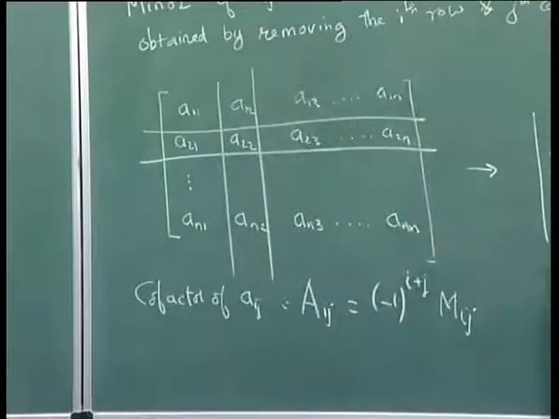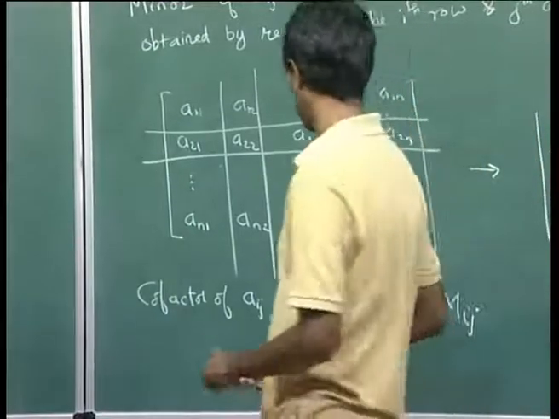So, the cofactor is related to the minor by this simple relation, and now we can write the determinant of A.